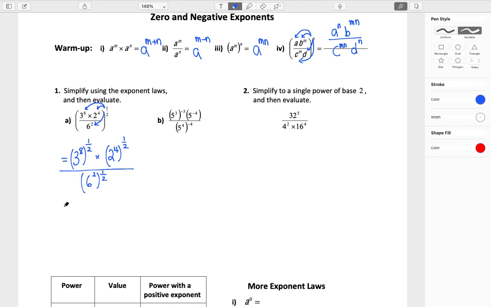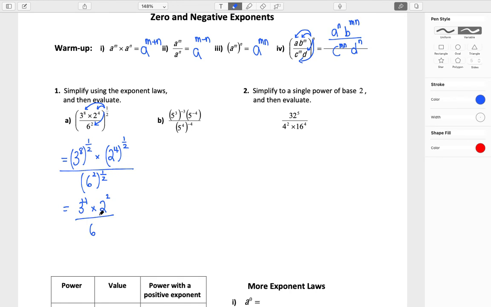And then after that, I'm going to multiply 8 times 0.5, which is going to give me 4. So 3 to the 4, times 2 to the 4 times a half, which is 2, over 6 to the 2 times 1/2, which is going to be 1.